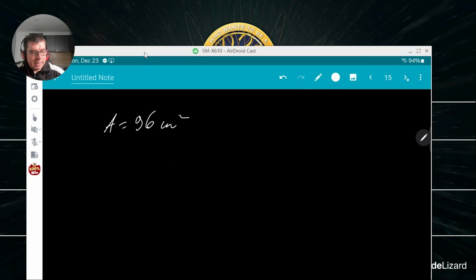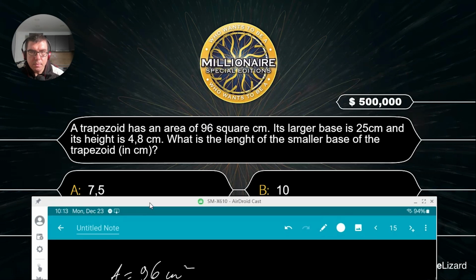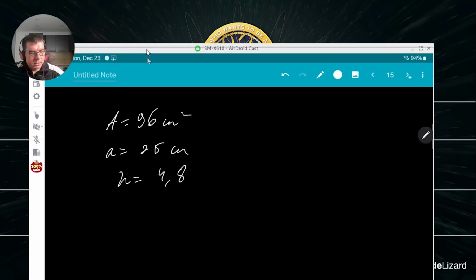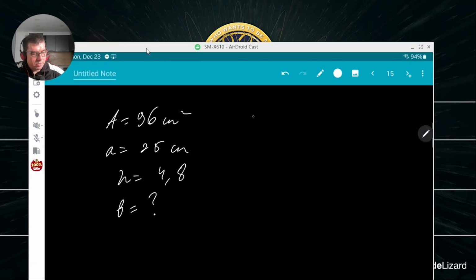Its larger base, let's call it A, is 25. The height is 4.8. And we are looking for the smaller base, B, right? So this is how the trapezoid looks like. A, B, H.